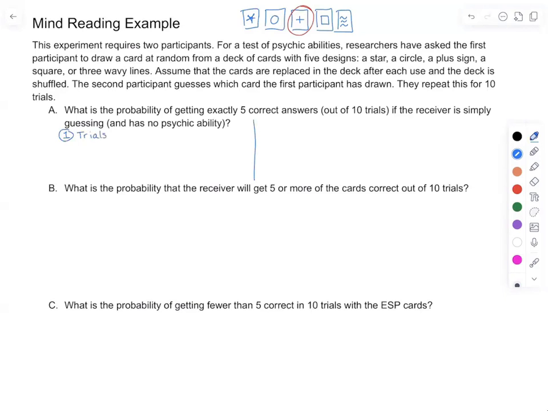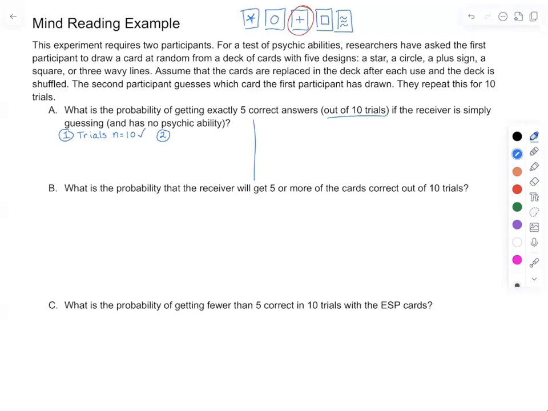And we are looking at 10 trials here. So n equals 10, and that one is met. Number two is that we have two outcomes. You might look at these cards and say, wait, there are five outcomes because there are five cards. But really, we are focusing on whether the person guesses correctly.